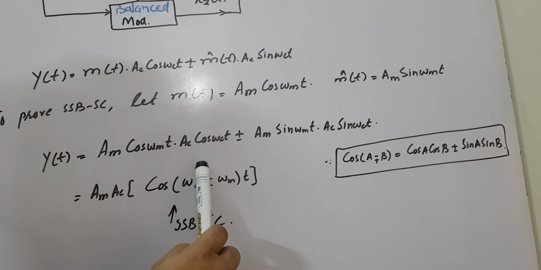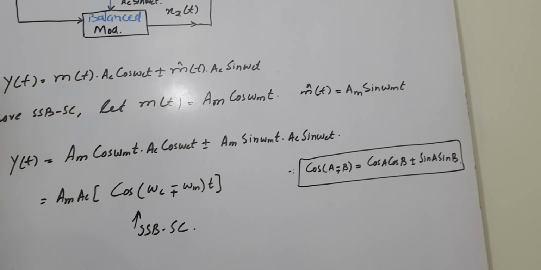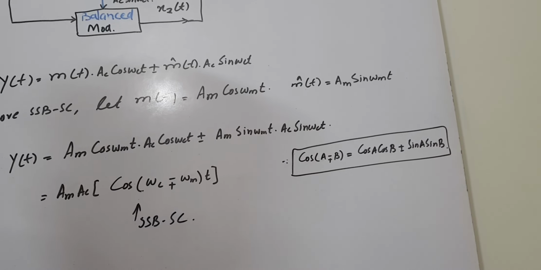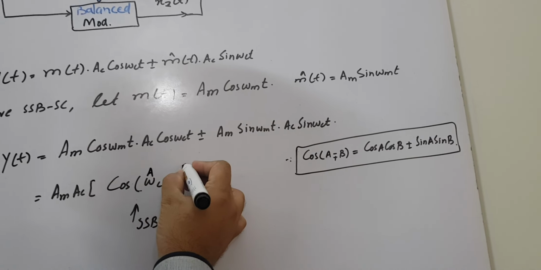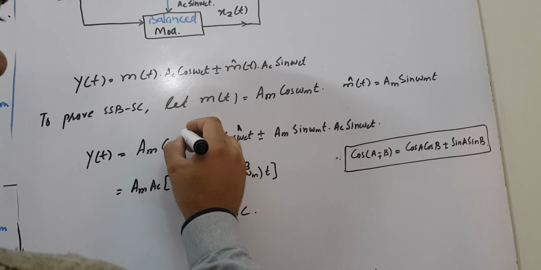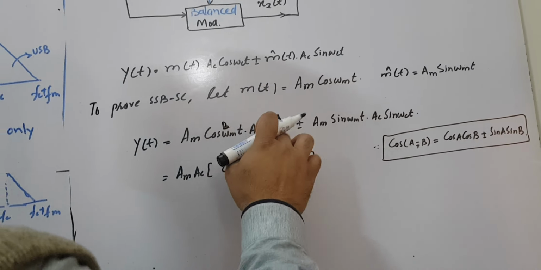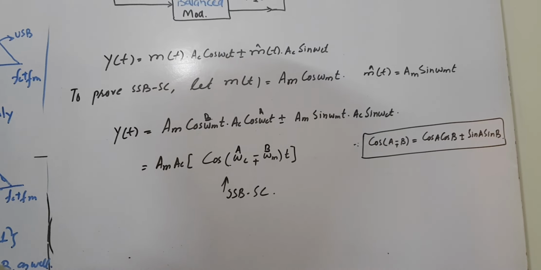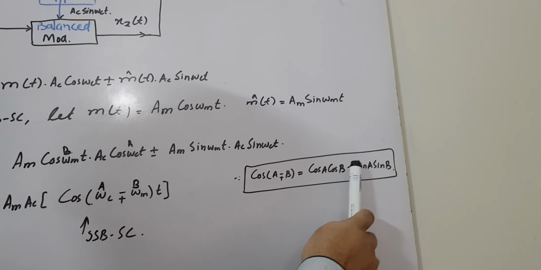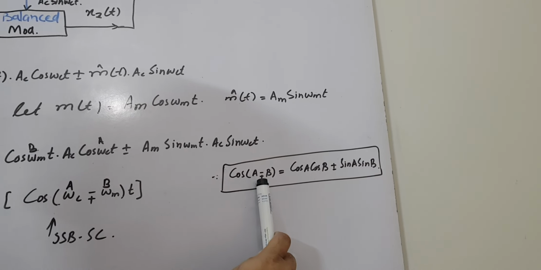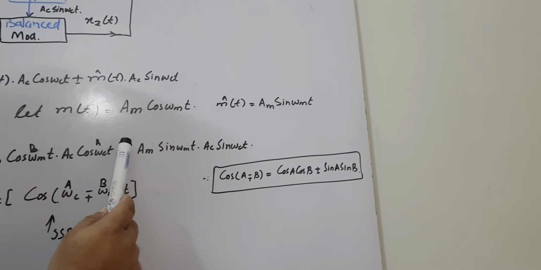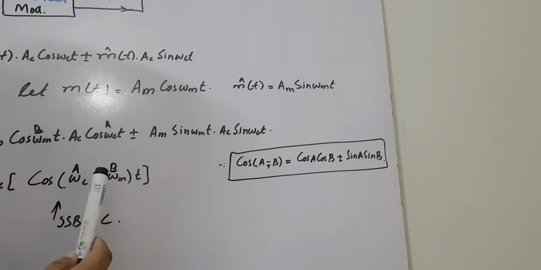So how do we get this signal? You just use this trigonometric formula, cos(A minus B). This one is A and this one is B, where the lower frequency is B and the higher frequency is A. If the sign is minus, then it is cos A cos B plus sin A sin B. If the sign is plus, then it is cos A cos B minus sin A sin B. Similarly here, if it is plus or minus, then it is minus and then plus.